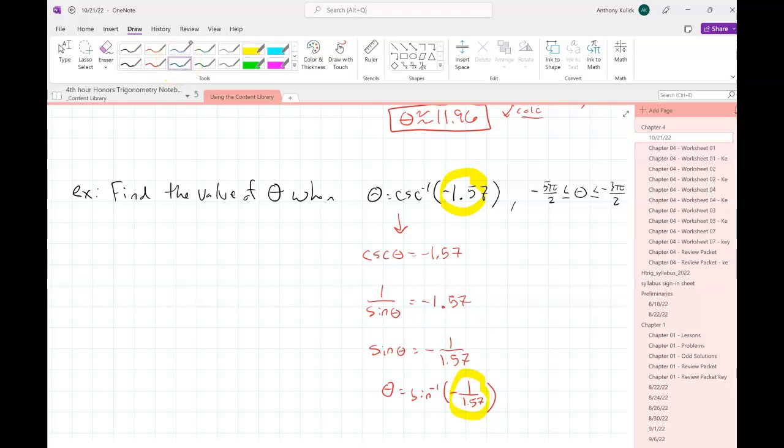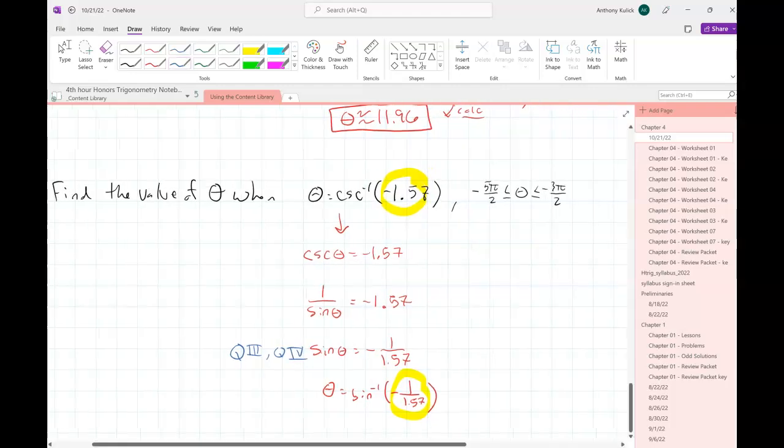I notice that sine is negative. What quadrants is sine negative in? 3 and 4. What quadrants cover negative 5 pi over 2 to negative 3 pi over 2? I would draw a picture here, right?